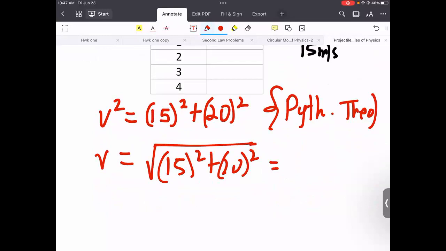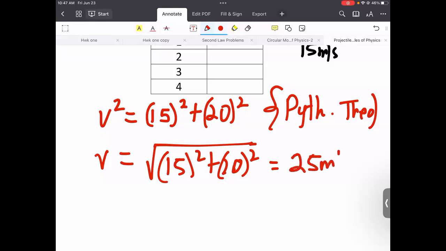So 15 squared plus 20 squared is got that. Then I take the square root. I got 25. So for this one, I got 25.